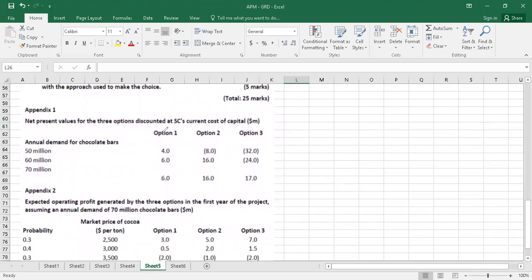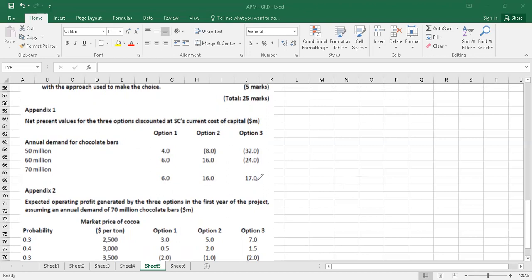If the first size building is constructed, and if the annual demand is 50 million, it is 4 million, 6 million, then again 6 million for 70 million chocolates demand. Then option 2 has -8, 16, 16. Option 3 has -32, -24, and 17.